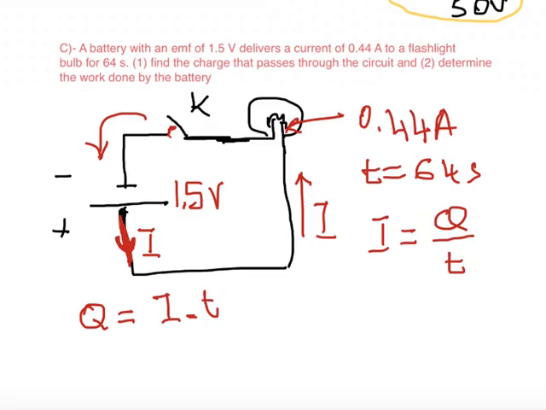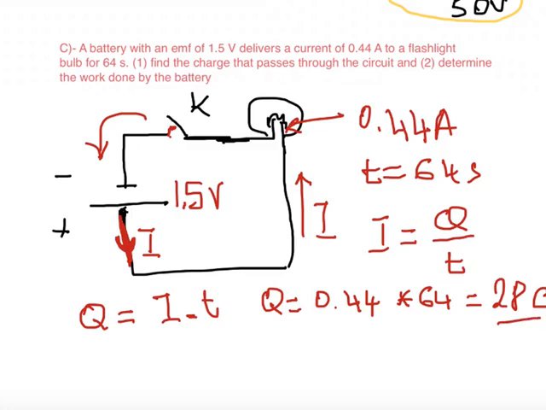If we replace the I with its numerical value, 0.44 amps, and multiply by the time, 64 seconds, we're going to find 28 coulombs.